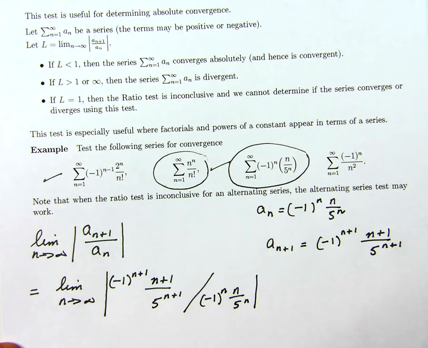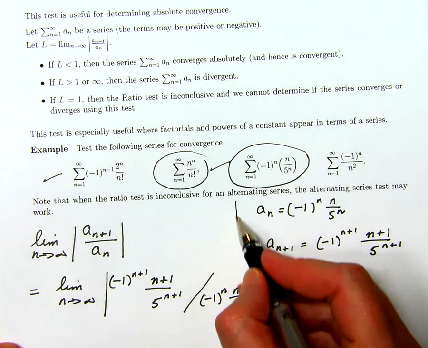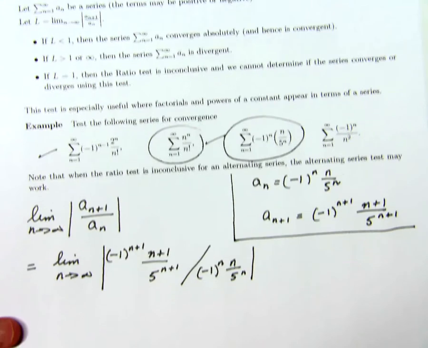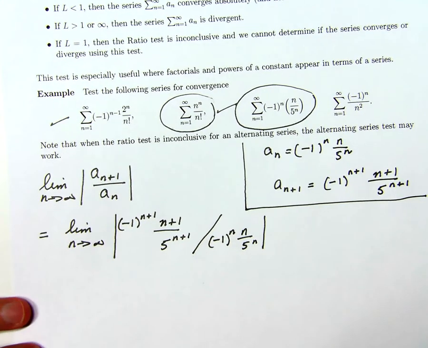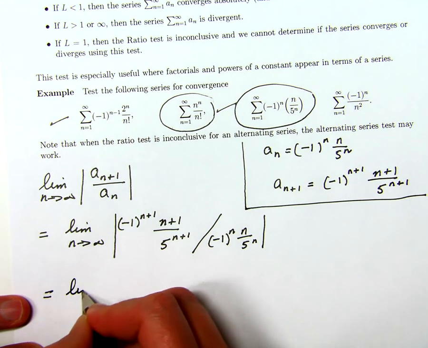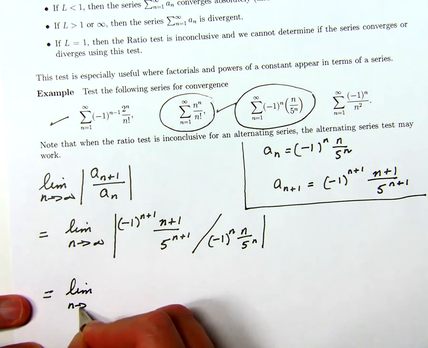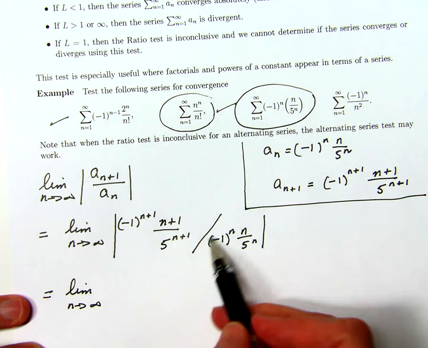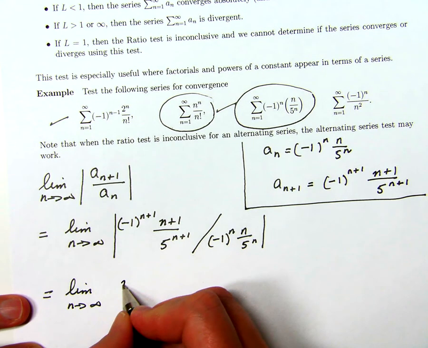Now I can throw away those negative ones because I'm talking about absolute values here, so their influence can be disregarded. And so this is equal to the limit as n goes to infinity. I can throw away the absolute values and the negative ones and focus on the positive part here.